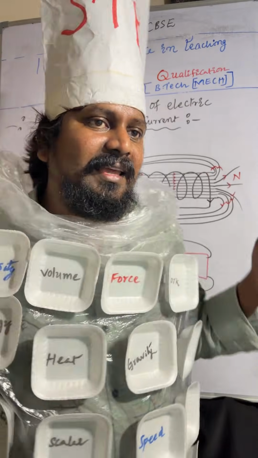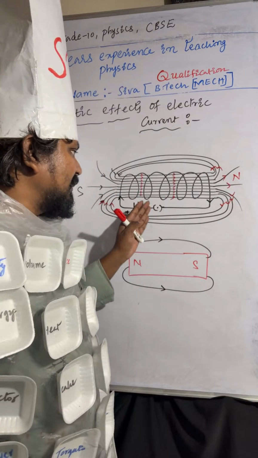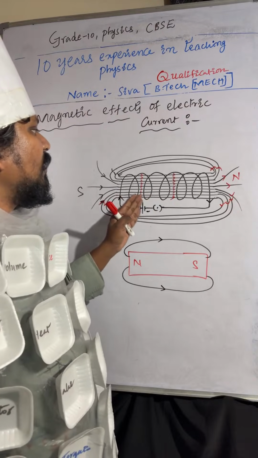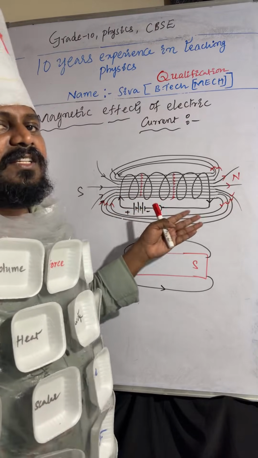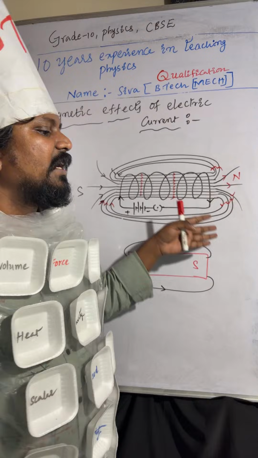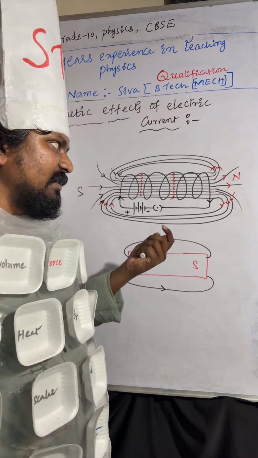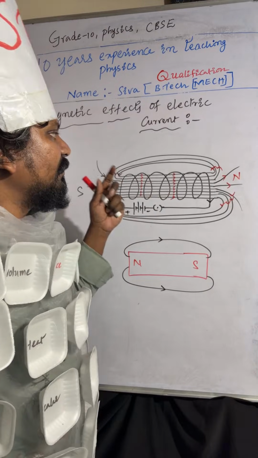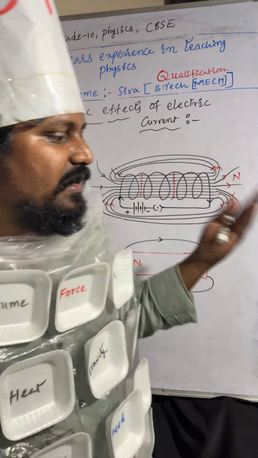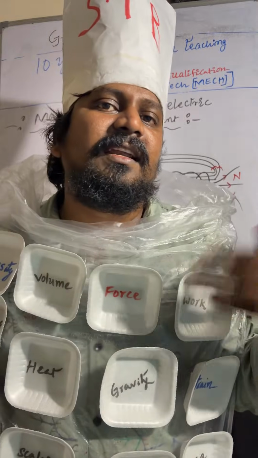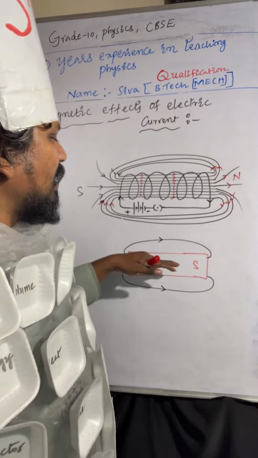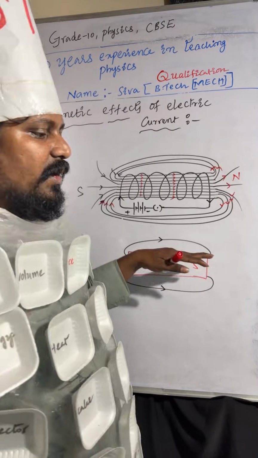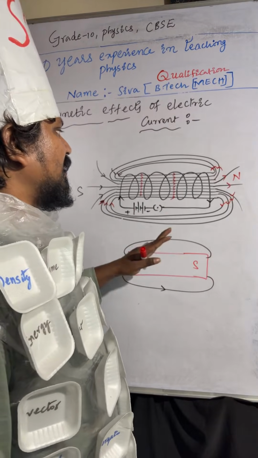By changing the battery polarities, or by changing the current direction, the poles are automatically interchanged. Understood? So we can change the magnetic field, increase or decrease it. For a bar magnet, we can't increase or decrease the magnetic field.